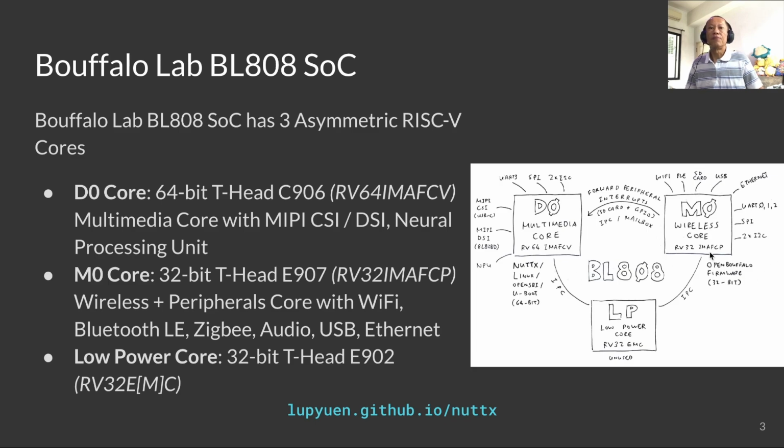One 32-bit core based on T-head E907. That's the wireless peripheral core with Wi-Fi, Bluetooth LE, Zigbee, audio, USB, and Ethernet. NuttX doesn't run here yet. But we don't touch this. The 32-bit low power core based on T-head E902.